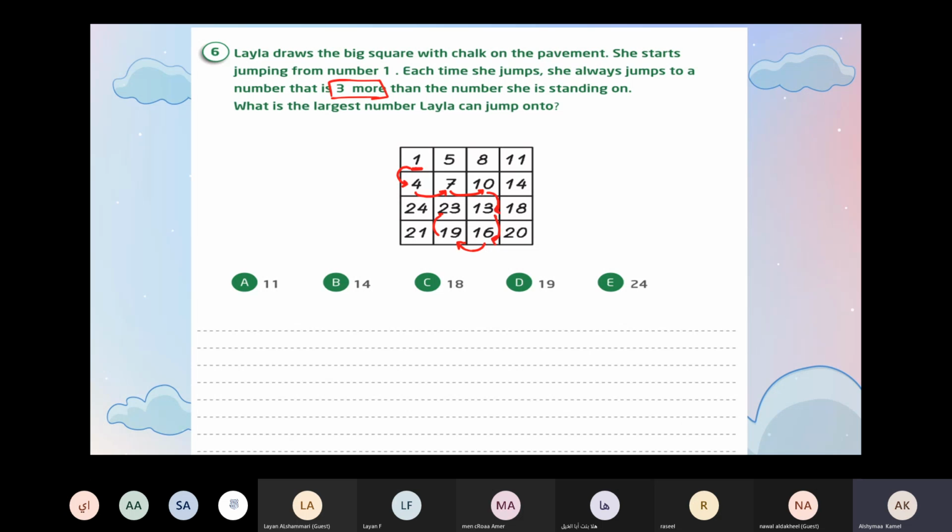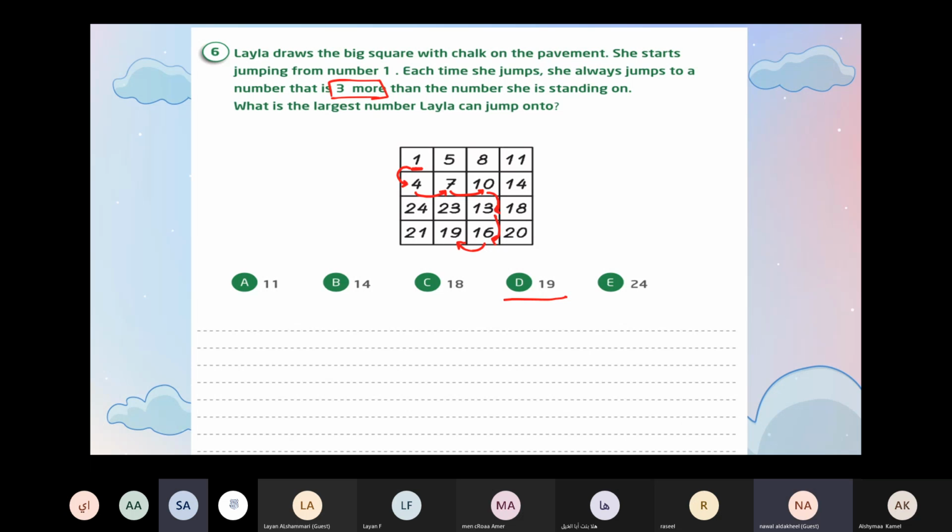It's 3. Okay, count. After 19: 20, 21, 22, 23. How many steps? 4. I need only 3. So she will stop at 19, no more than 19. Okay, I say it again.